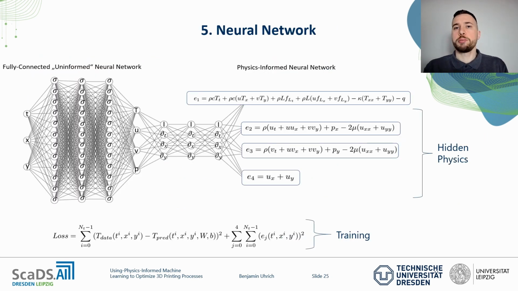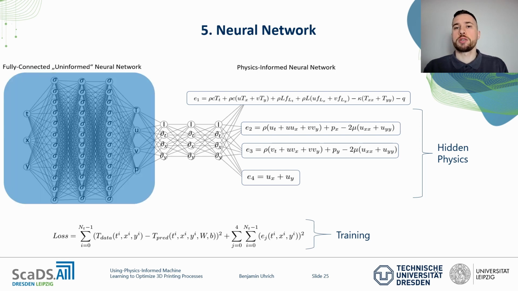How can we feed this mathematical formulation into a deep neural network and inform it about heat transport and fluid flow in 3D printing? As with the simplified models, we train a neural network, this time with several outputs, as universal function approximator for the temperature field, velocity field, and pressure field.